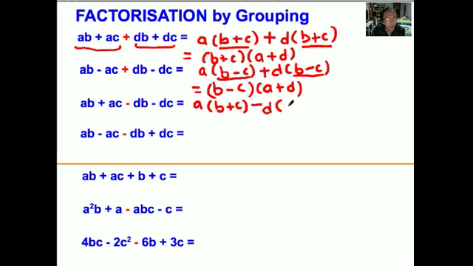Now what remains in the brackets should be the same as the first term in the brackets, which is b plus c. Thus we have b plus c as the common factor and a minus d in brackets.